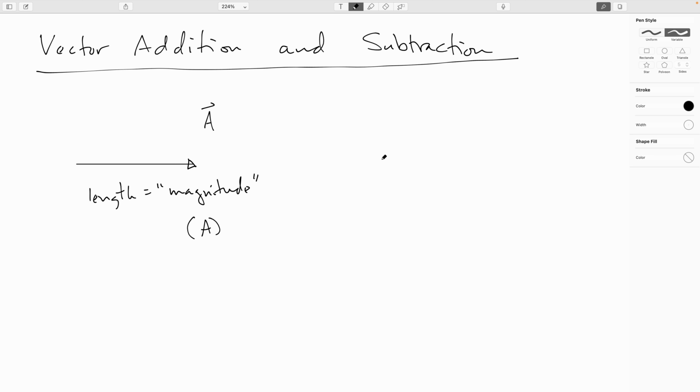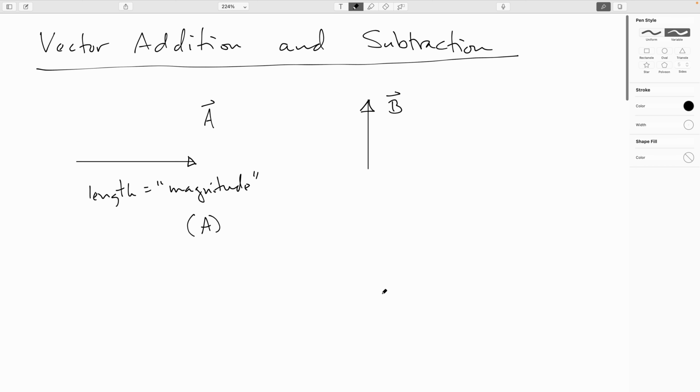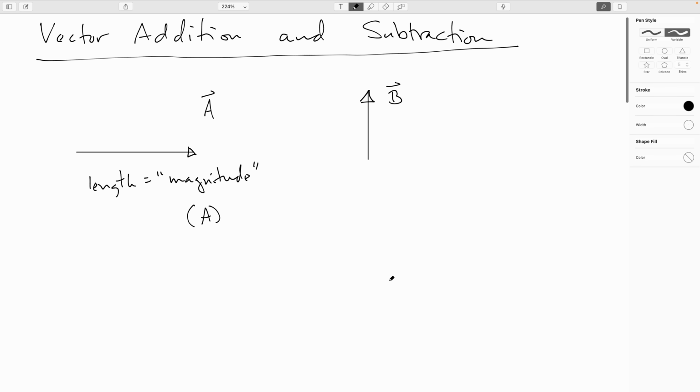All right, now let's say that we have a second displacement. We'll just go ahead and call that B for now, like so. So what this would be here is I'd say, okay, I'm going to the right, and then I'm going up, or I'm going east, and then I'm going north. How could I combine these two displacements to get the total displacement?